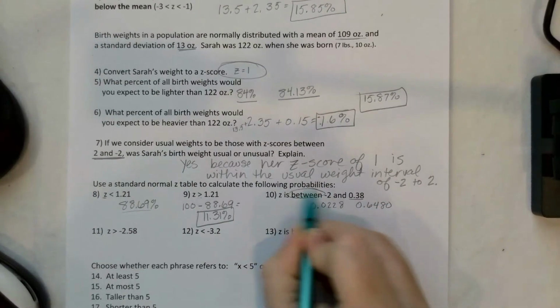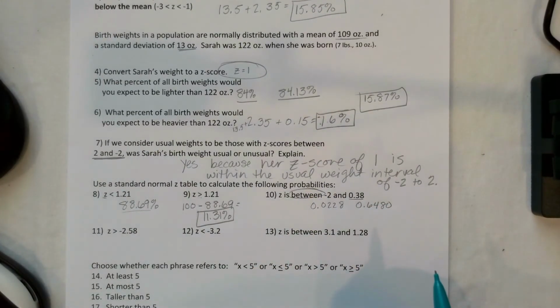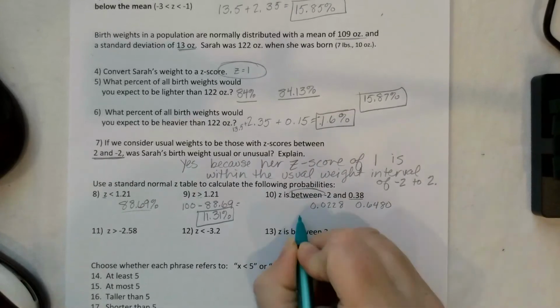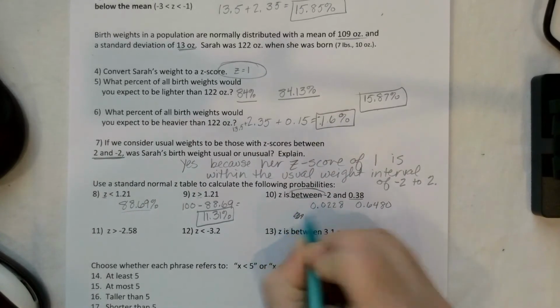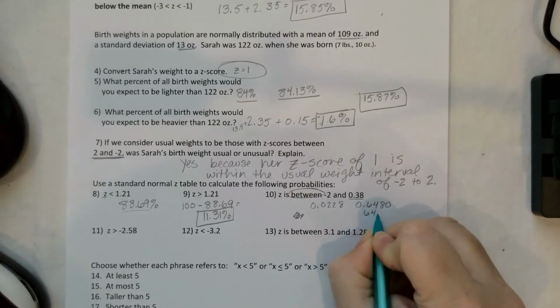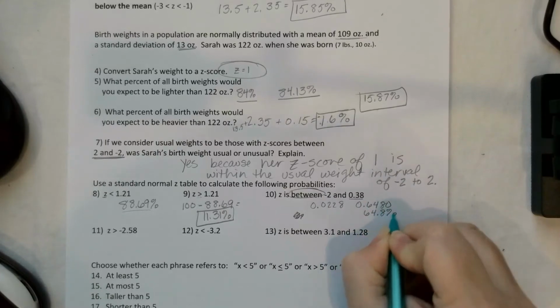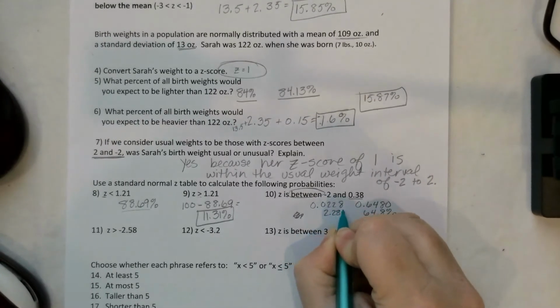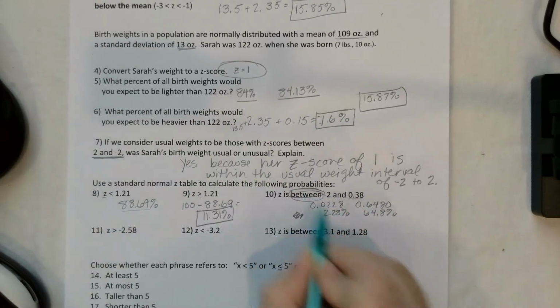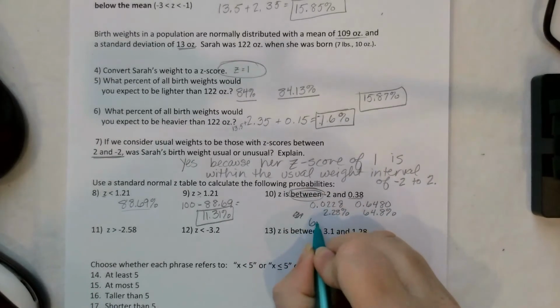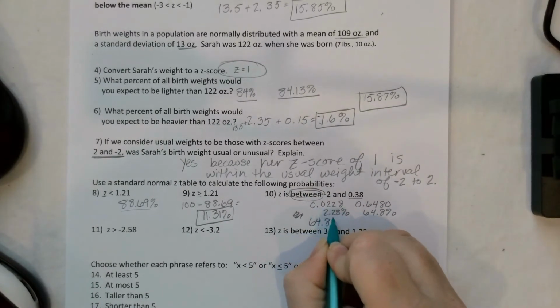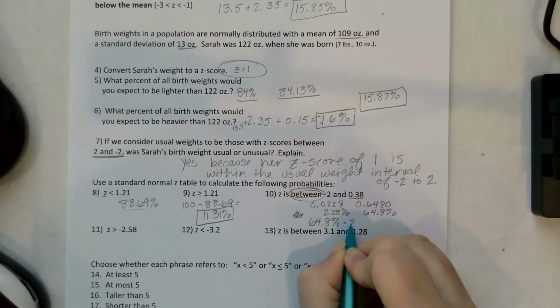And whenever it does between, you always do the bigger one. Let's do percentages, it's easier. 64.8%. And this would be 2.28%. Whenever it says between, you always do the bigger one minus the smaller one.